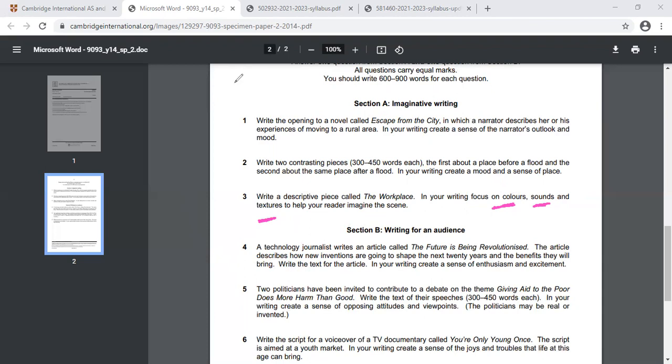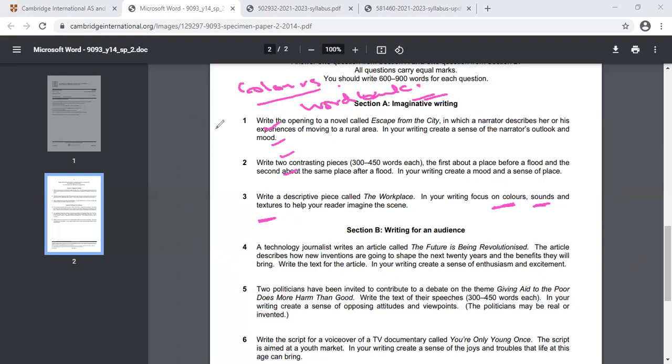So there is one way to collect ideas, that you just think of some colors, write a word bank for them, right? Write your word bank here regarding colors. Then think about some sounds and make a word bank, and textures and make a word bank.